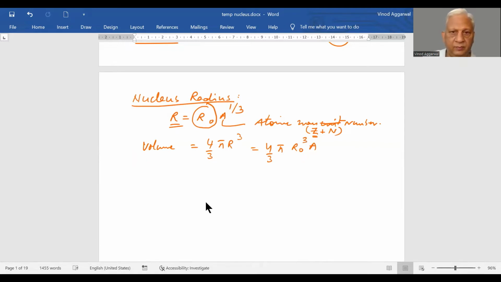Okay. So this is the volume of the nucleus.